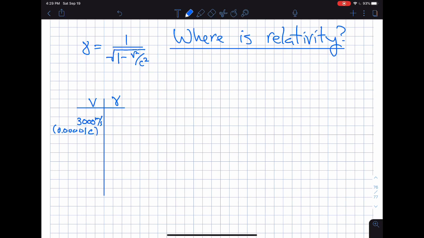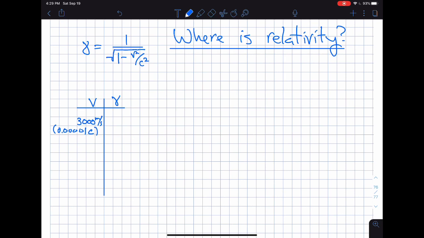So that's 0.001% of the speed of light. What is gamma at 3,000 meters per second? And by the way, 3,000 meters per second is about 6,700 miles per hour. So we're talking pretty fast.